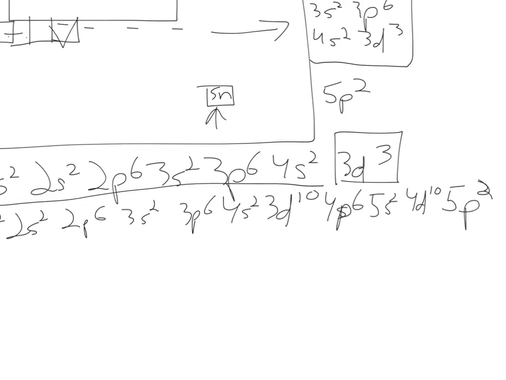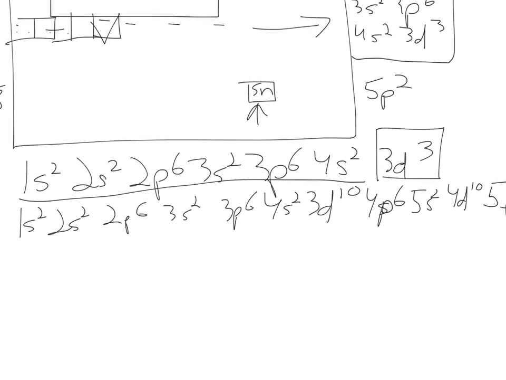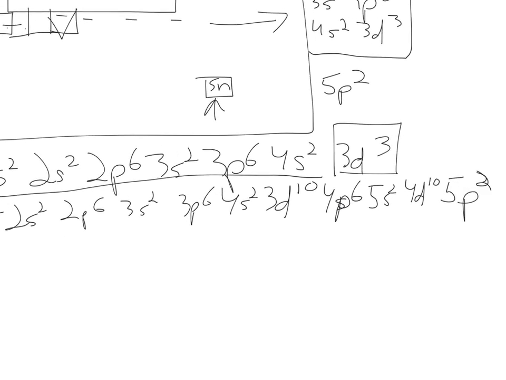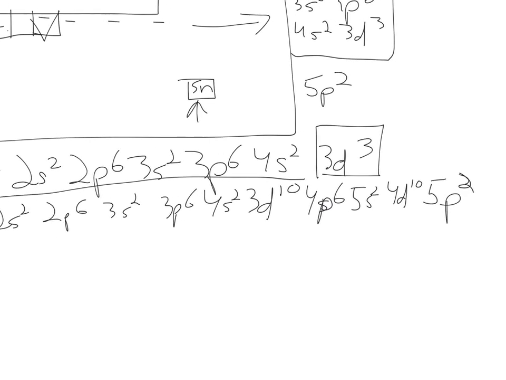Quite a bit. Can I fit that all on one screen? Not quite. So 1s2, 2s2, 2p6, 3s2, 3p6, 4s2, 3d10, 4p6, 5s2, 4d10, 5p2. Okay, that's a mouthful. So that will be tin's ground state electron configuration. A lot.